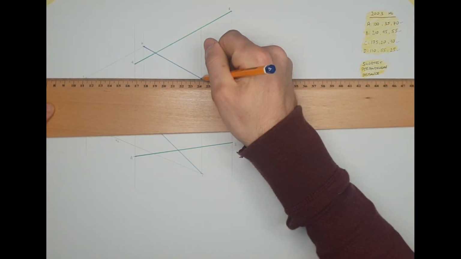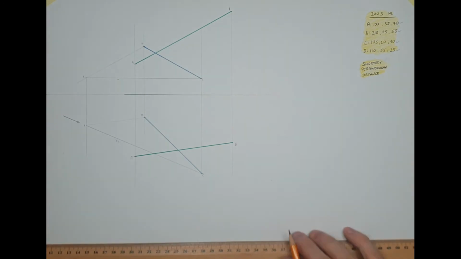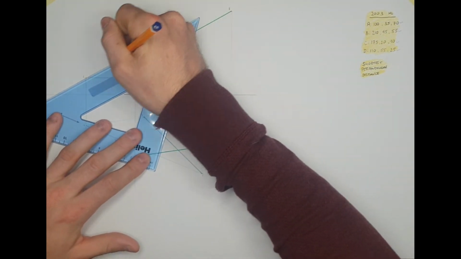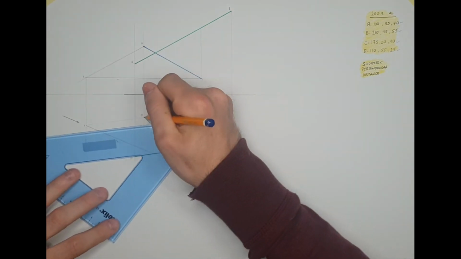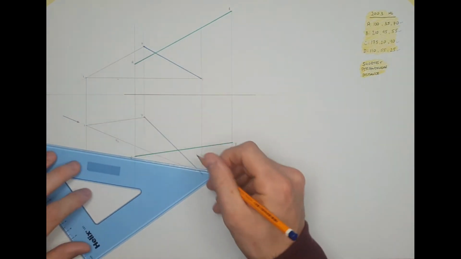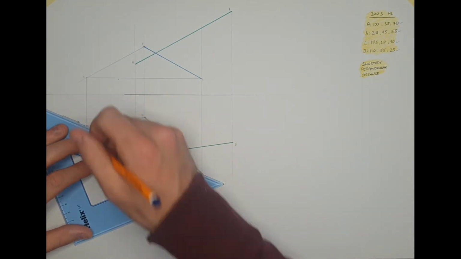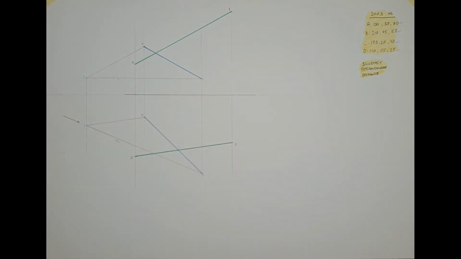Even though I certainly don't need to do this, I'm going to heavy in that plane. I'm heavying it in because I'm teaching using this video. I'm not just solving the question and trying to get my marks. You don't need to heavy in the plane, and you certainly don't need to do what I'm doing next for an exam situation.